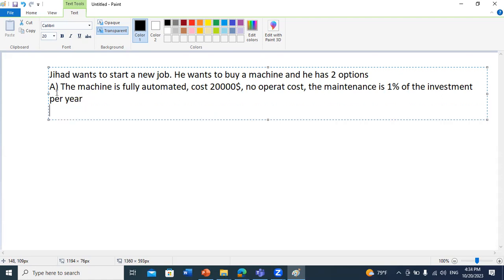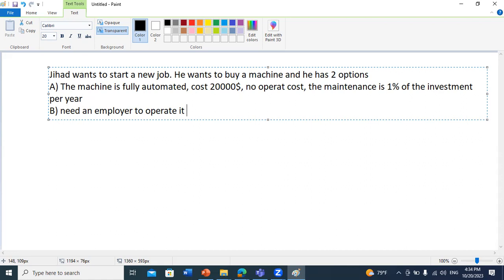Now, a second option, B: the machine needs an employee to operate it. You don't need the employee the whole time, only when you put the machine in operation. This is why the salary is limited.